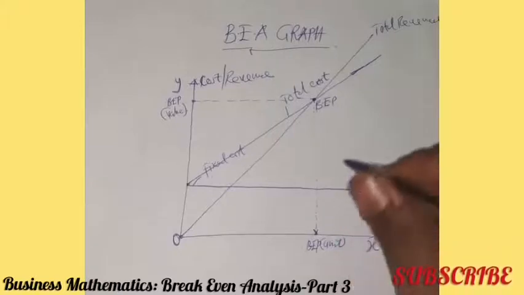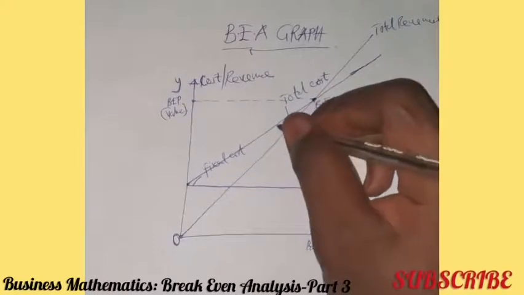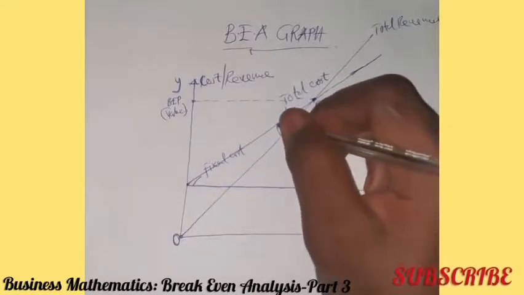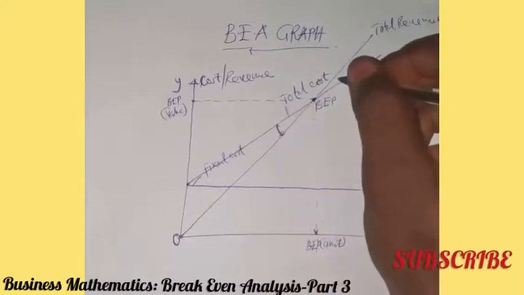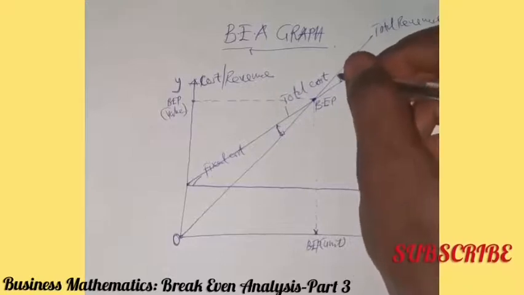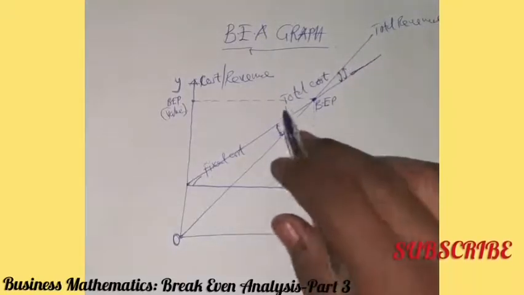Then you also quickly see that where the total revenue line meets the total cost line, it creates angles: one at the top, one at the bottom, and one at the top here. So you see this angle that is forming.